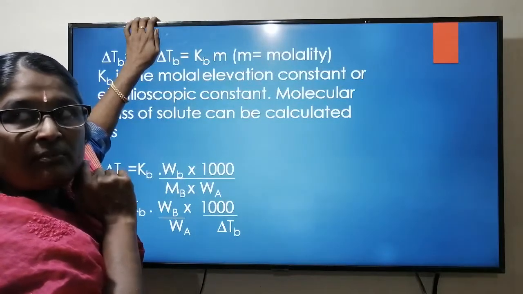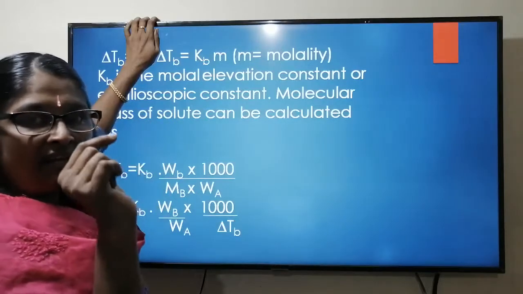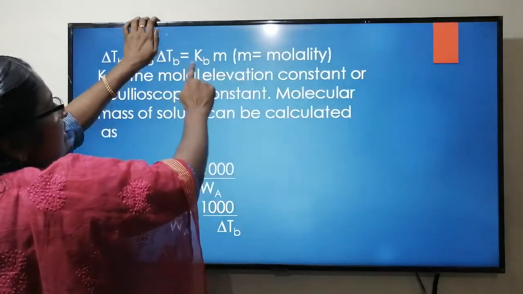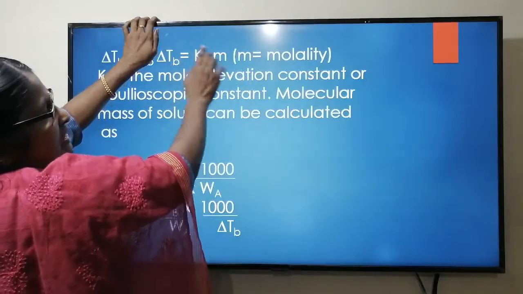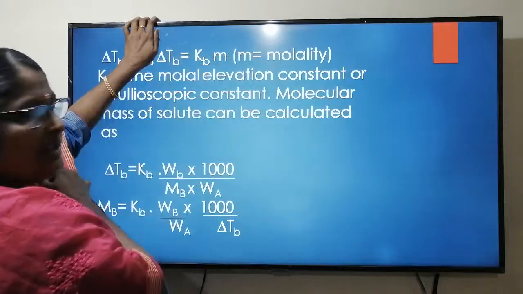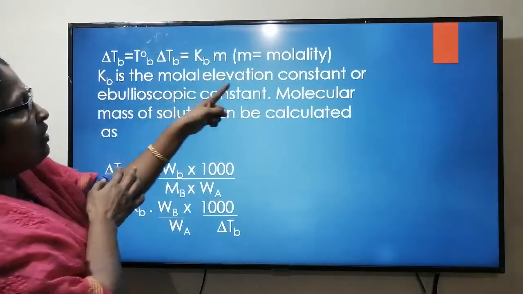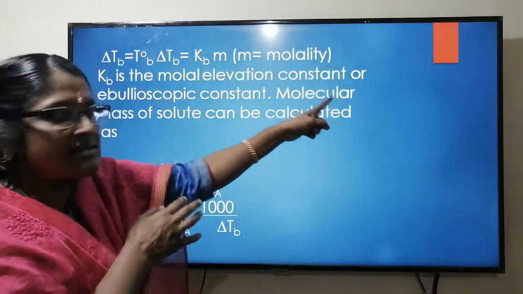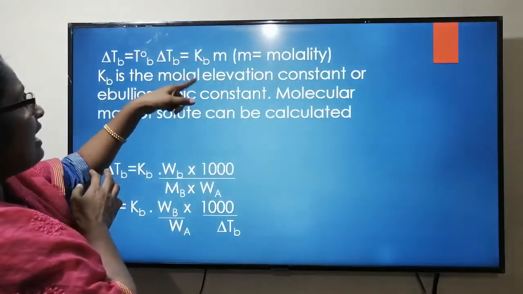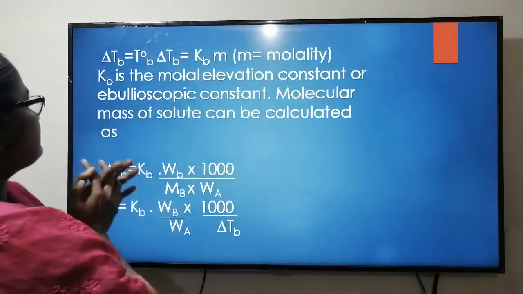Molality is equal to number of moles of solute divided by mass of solvent in kilogram. So delta TB is directly proportional to molality, or delta TB is equal to Kb into m, where Kb is very important: Kb is known as the molar elevation constant or ebullioscopic constant.